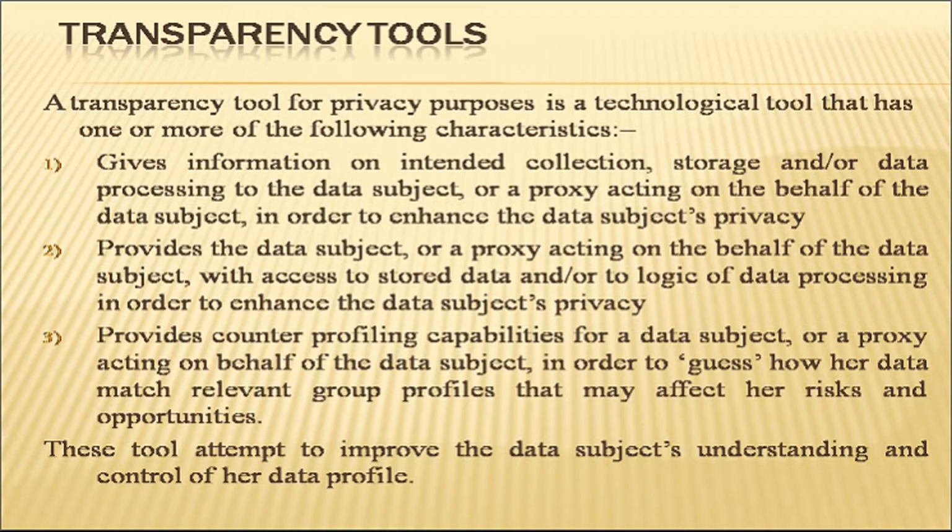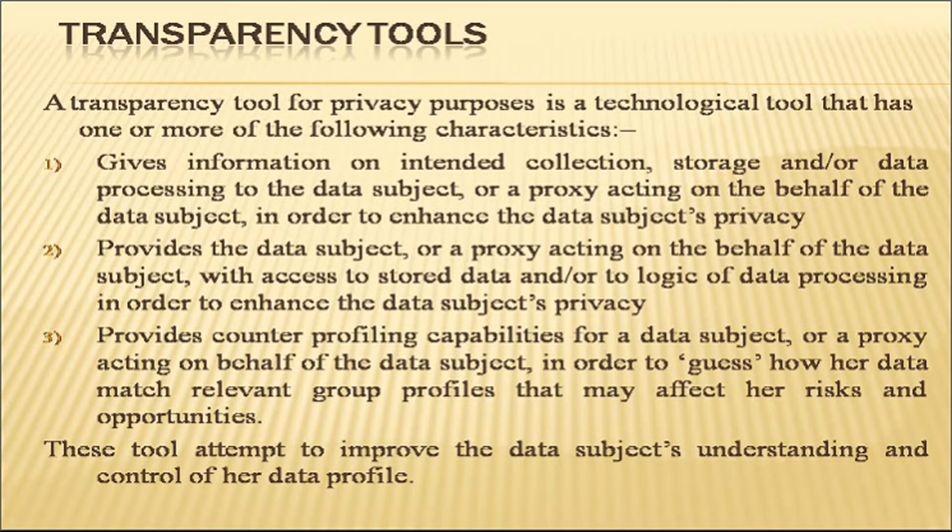is also provided. Third thing which it provides is counter profiling capabilities for a data subject or a proxy acting on behalf of the data subject in order to guess how her data match relevant group profiles that may affect her risks and opportunities. So here we can have n number of examples. So Facebook gives me suggestions on friends to be added to the list.